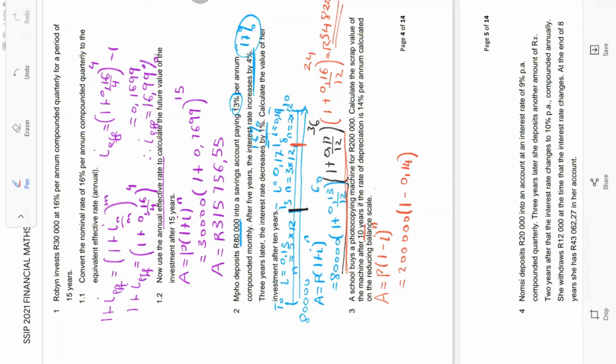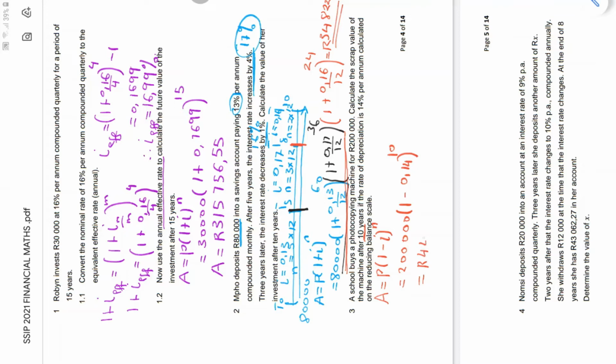This is over a period of 10 years. So you punch that into your calculator, you get 44,260 rands and 32 cents.